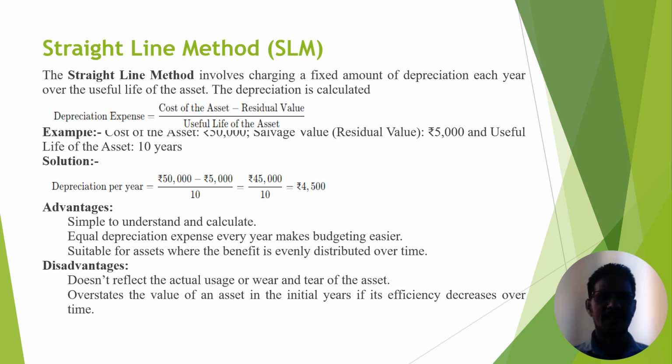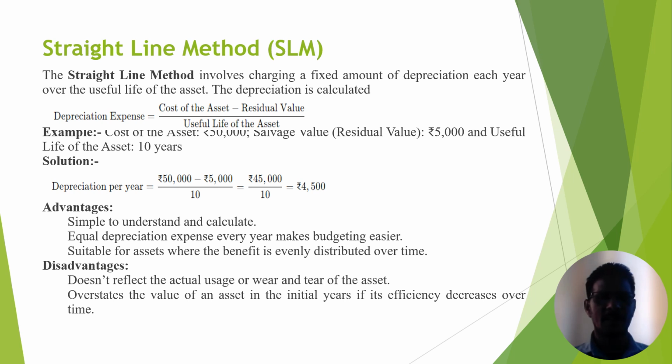For this straight line method, we have advantages. The first one is that it is simple to understand and easy to calculate. Second, equal depreciation expense every year, making budgeting easier.